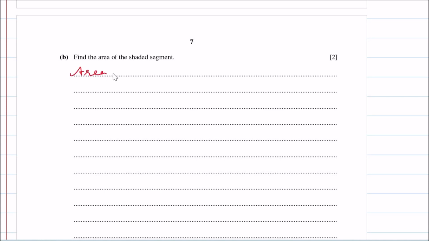Area of segment is equal to area of sector minus area of triangle OAB. Okay. So area of sector is required and area of triangle is required. So let's find them one by one, area of sector first.